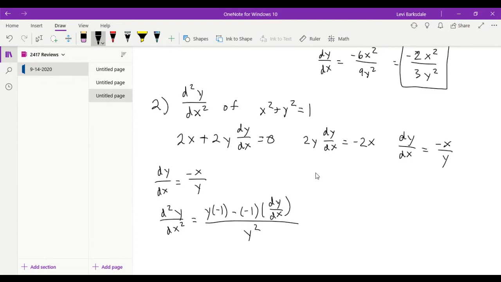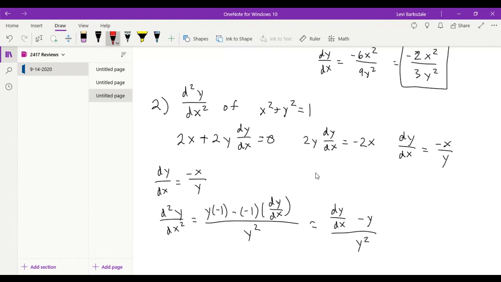Just like that. And if we simplify for some signs, we get that that's a negative dy over dx, so that's a positive dy over dx minus y from up here, this coefficient, in front, y all over y squared.